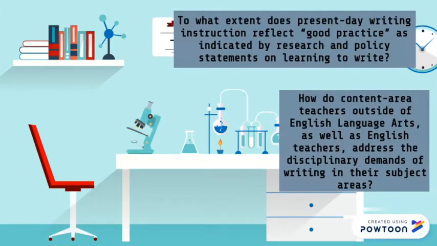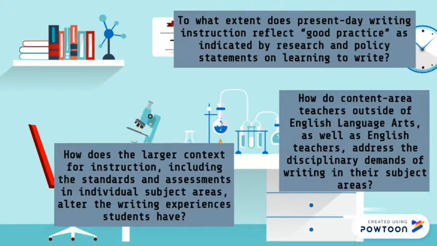So we also want to look at how content area teachers outside of ELA, as well as English teachers, address the disciplinary demands of writing in their subject areas. So how might we address the fact that writing needs to occur across all of the content areas? And then finally, how does the larger context for instruction, including the standards and assessments in individual subject areas, alter the writing experiences students have?